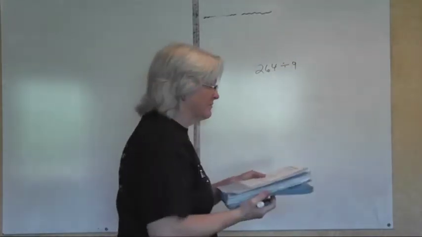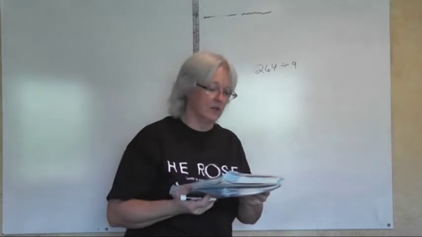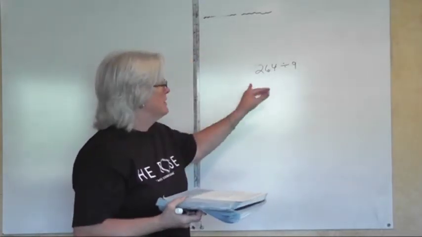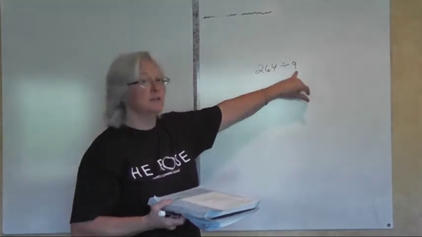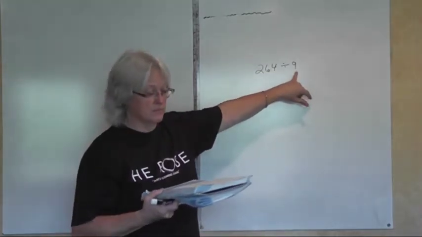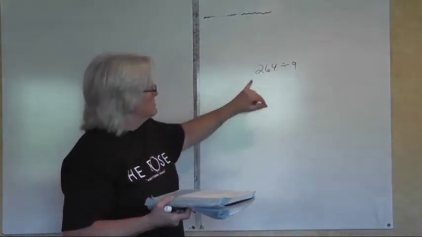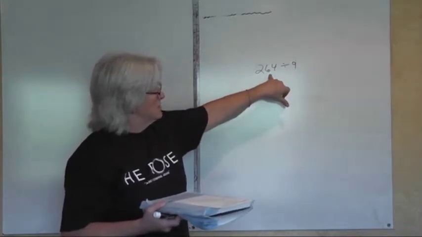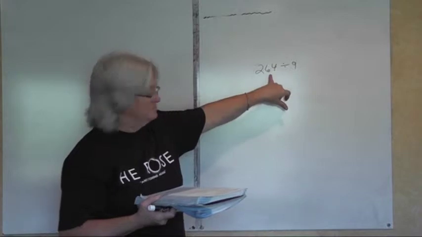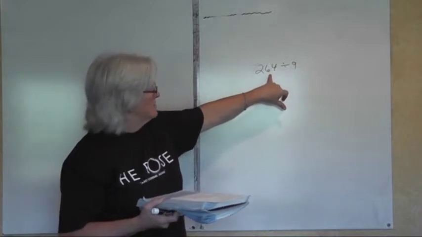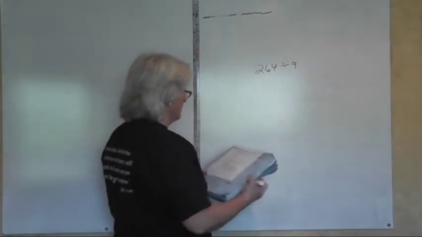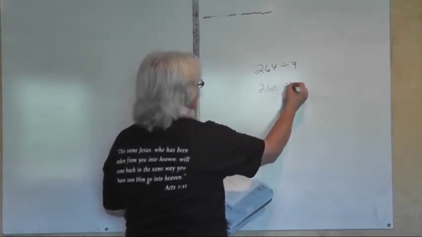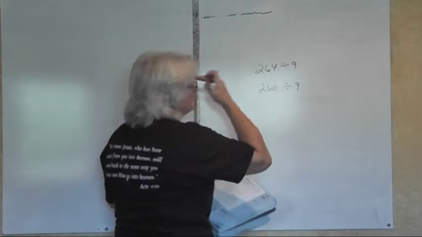That says estimate the value of the variable by rounding. Choose a compatible number for the dividend. So let's go ahead and round this to our nearest 10. Don't round the divisor. 260 divided by 9.